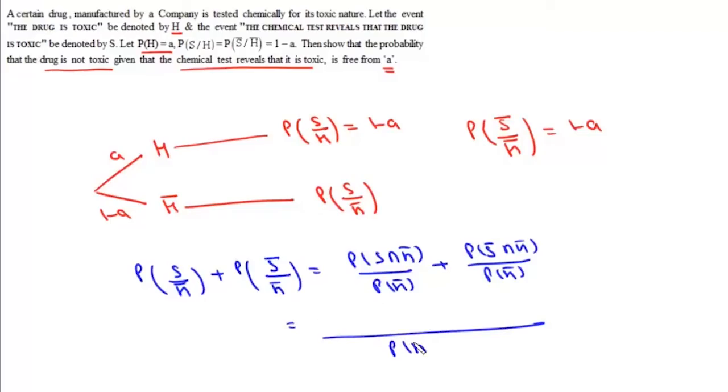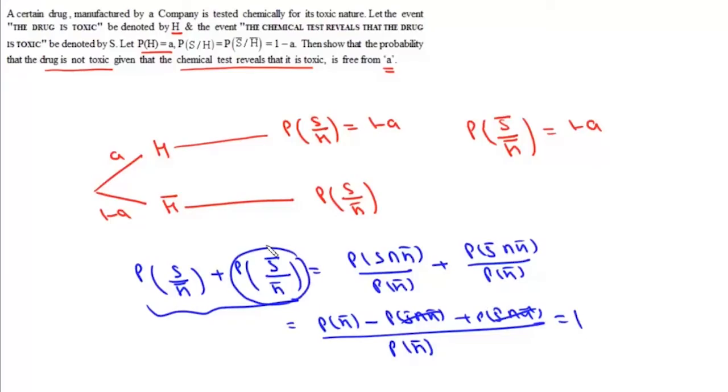This is probability of H naught minus probability of S naught intersection H naught plus probability of S naught intersection H naught, upon probability of H naught. Now it will cancel, so this is 1. So the sum of these two probabilities is 1. Now we are given that probability of S naught by H naught is 1 minus A. Then probability of S upon H naught is simply A.